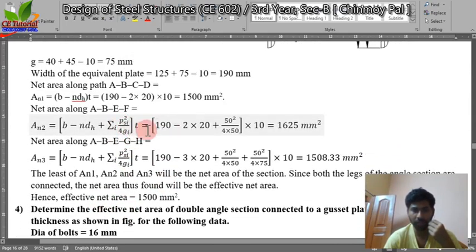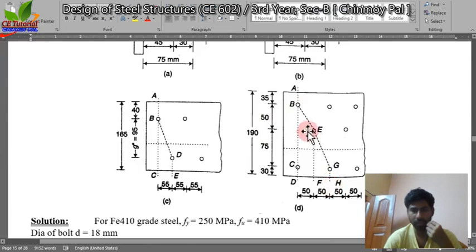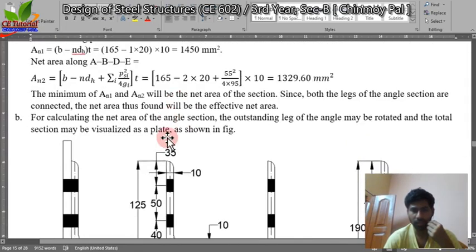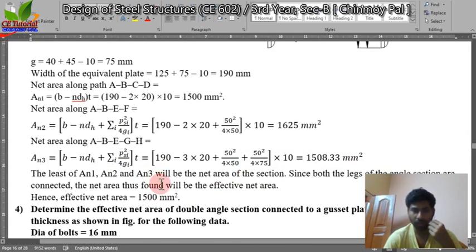So An2 is 1625 millimeter square, and net area along ABEGH, two diagonals are there, that's why 2 p squared by 4g t. Net area is 1508.33. So the minimum of An1, An2 and An3 will be the actual net area, that is 1500 millimeter square.